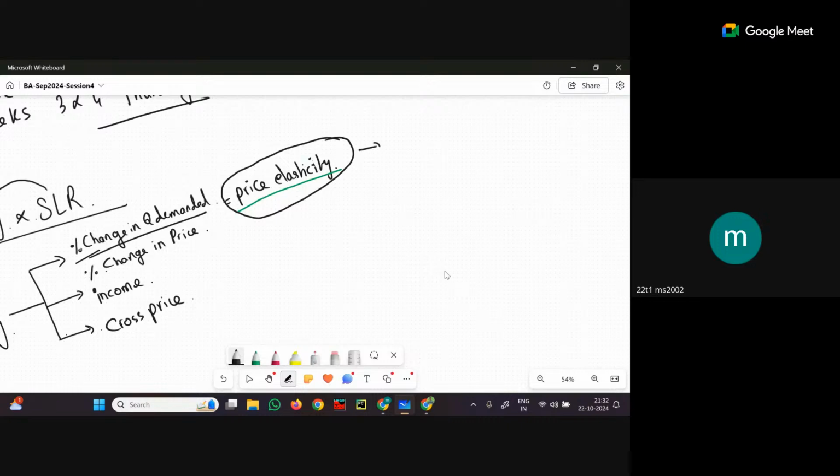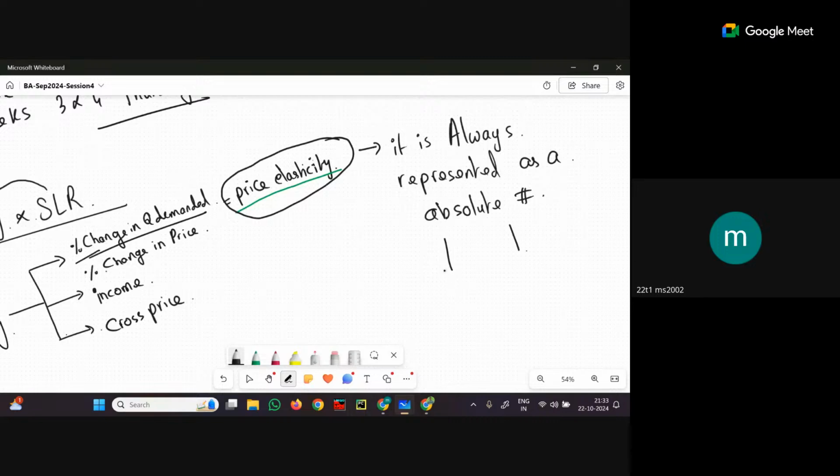The important thing to note about price elasticity is that it is always represented as an absolute number. What is an absolute number? You always represent the mod value of price elasticity.